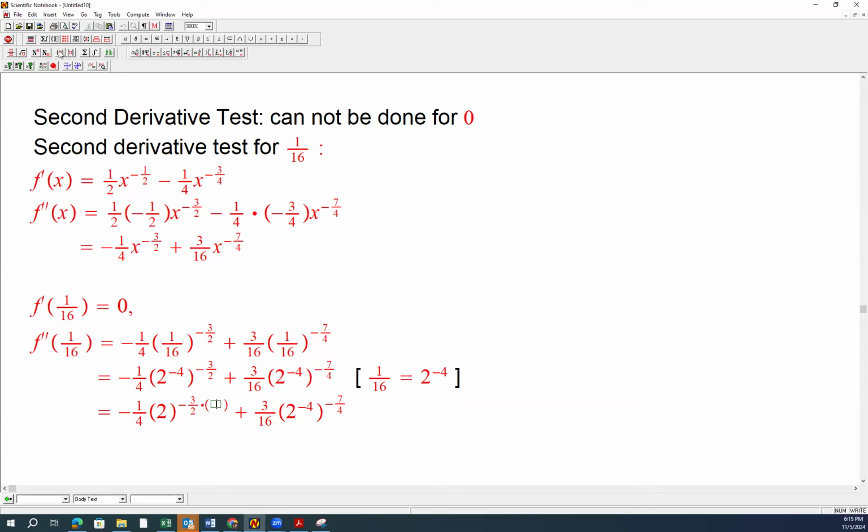So that's going to be -4. So we multiply in the power, -3/2 multiplied by -4. What do we get? Negative times negative is positive, right? 3/2 times 4, and that's going to be 6, right?